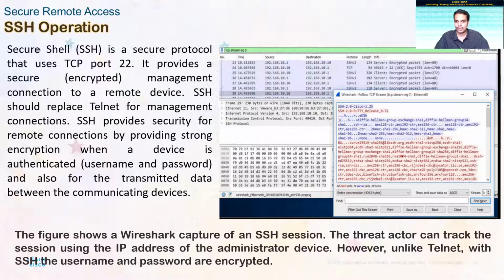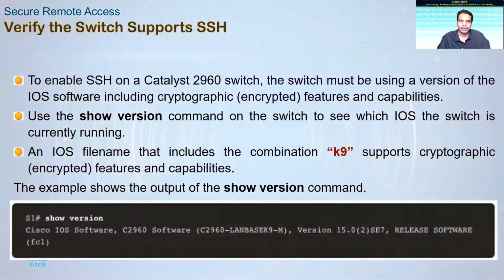That is the reason usually when you do remote access to a switch, we should strictly place a rule that only SSH access should be allowed. So how do you do that? First, you need to check whether the switch supports SSH or not. For that, you can simply type in the show version command.